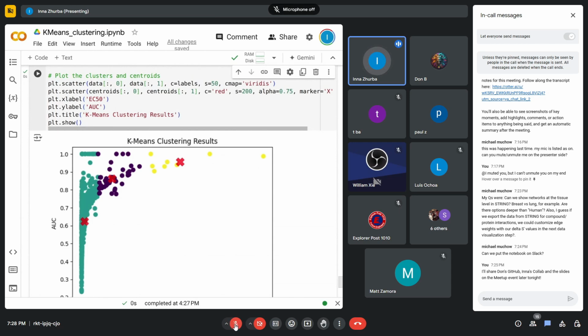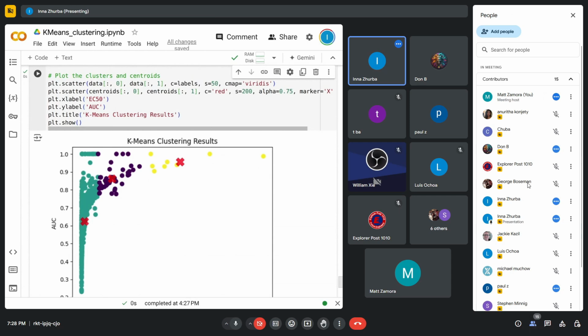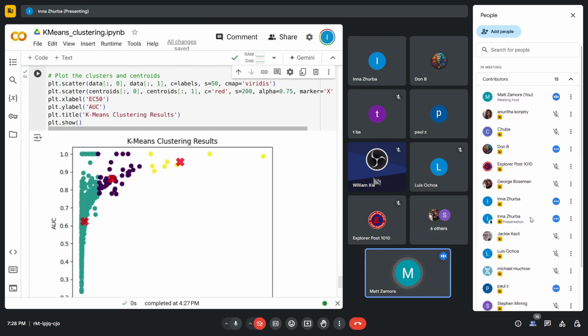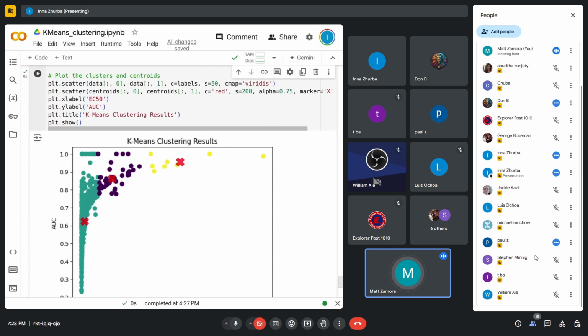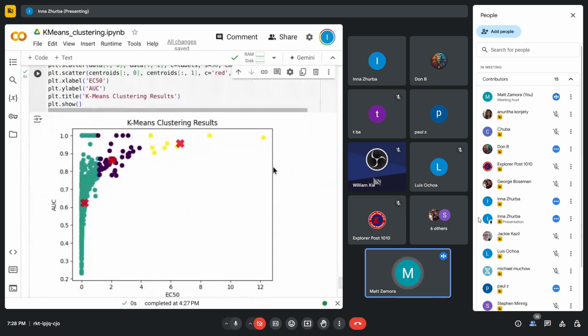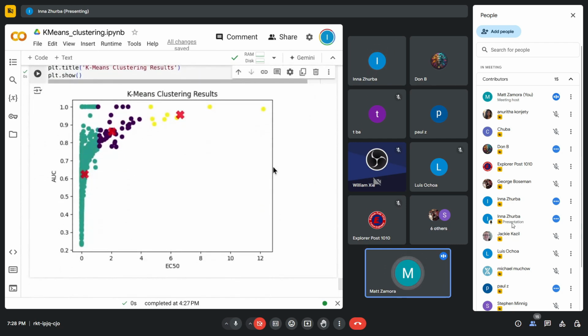Were there any questions that I haven't seen? I'm going to open it up to the group first. I do have a set of questions, but is anybody on the call? Let's have questions for Inna first. I know, Michael, you have questions for Don, but while we're on Inna's notebook, are there any questions about the code, the clustering algorithm, or anything we covered in the last few minutes?